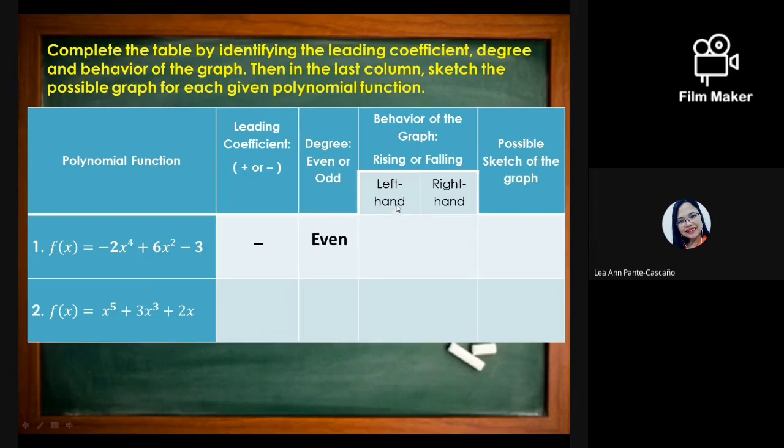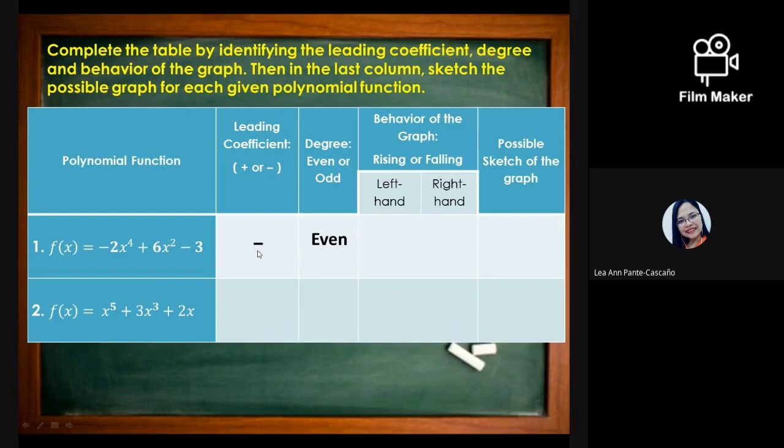Now, to the left, ano po ba kapag even? Kapag even, tandaan natin, pareho siya lagi. Parehong pataas ba siya o parehong pababa? Kapag odd naman, isang pataas, isang pababa. Pero depende kung nasa left part ba siya o nasa right part. Now, for this one, we have here even. So, ibig sabihin, dapat pareho.